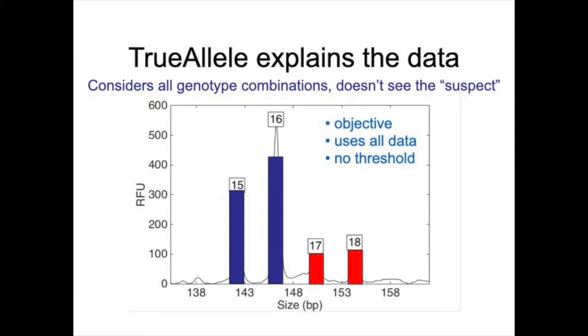Most patterns in different genotype combinations do not explain the data well. If you propose a 12 and a 13 for a person, there's no support in the data. But the computer's going to try it, and it's going to tell you there's very low probability for many possibilities, but there's much higher probability for these genotypes, one person having a 15-16, the other one a 17-18.